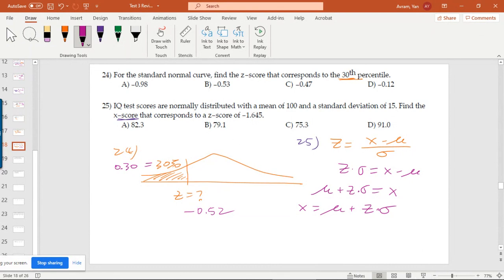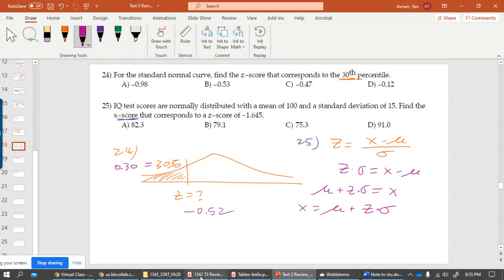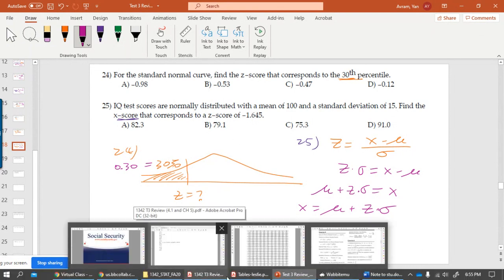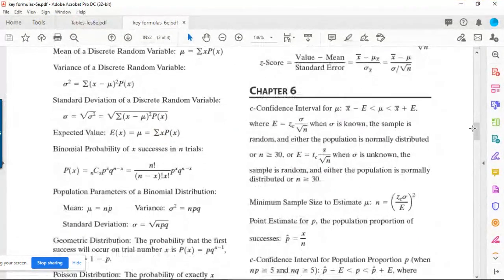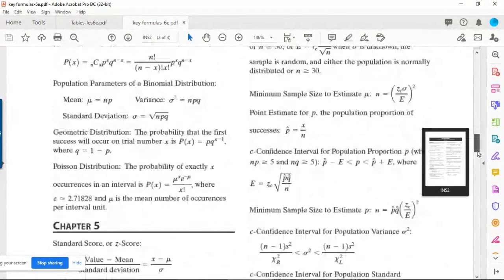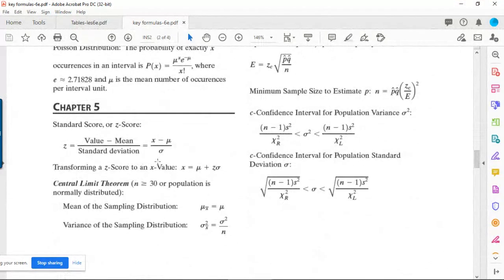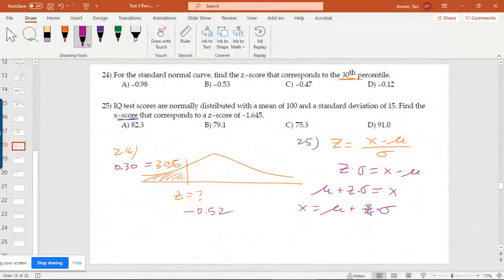The good news is, if you look at the formula sheet, we also have an x formula for you already in chapter 5. If you want to find the x value, we also give you x equal to mu plus G times sigma.